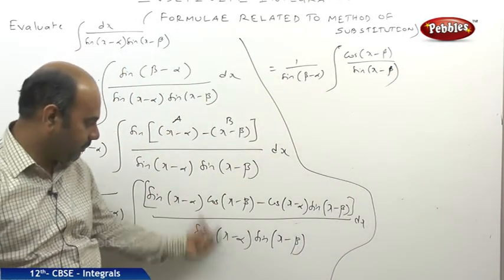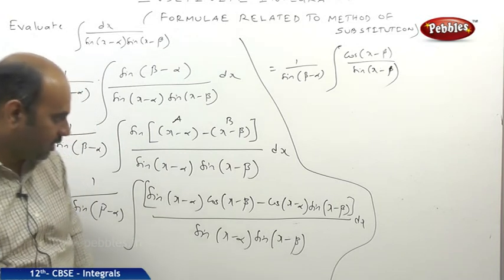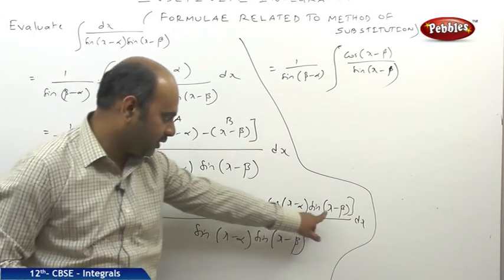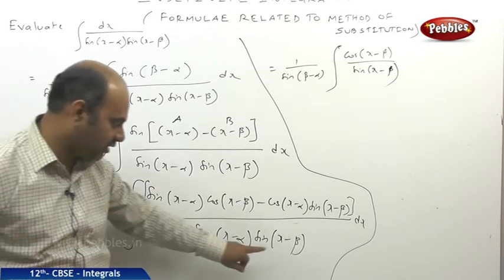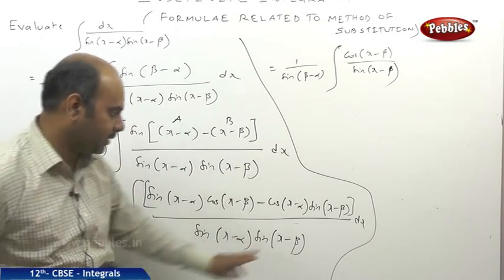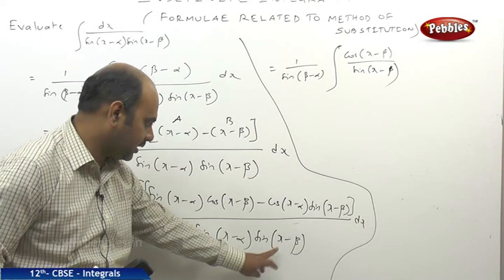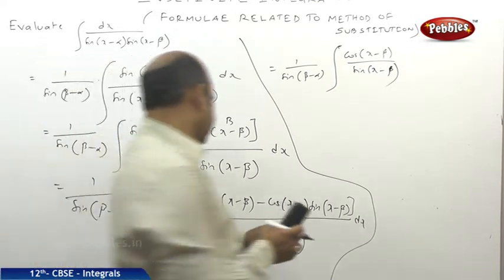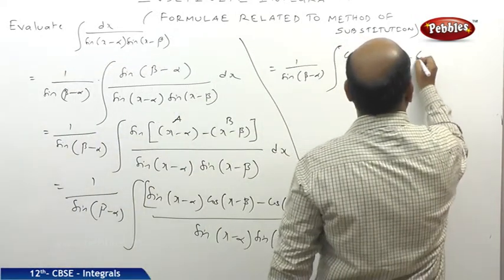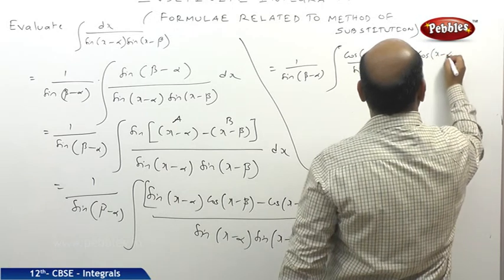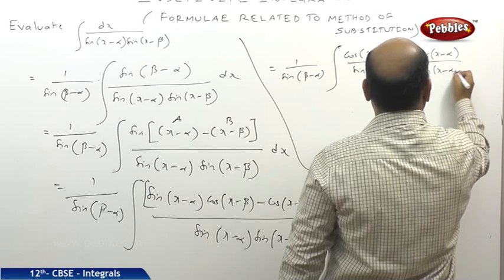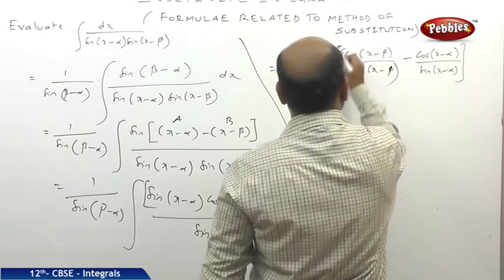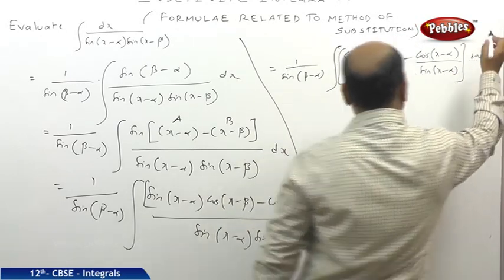Now a by c is finished, now b by c. B by c means cos of x minus alpha sine of x minus beta divided by sine of x minus alpha sine of x minus beta. So sine of x minus beta gets cancelled, and we get minus cos of x minus alpha divided by sine of x minus alpha.